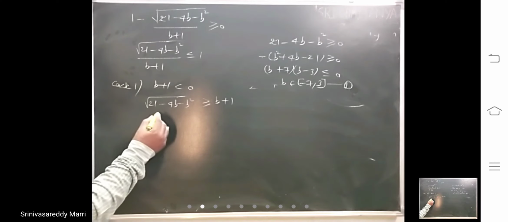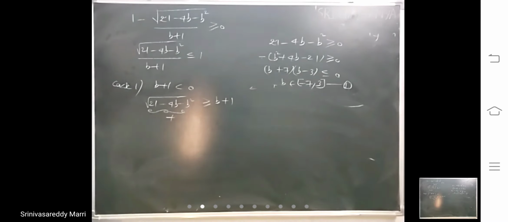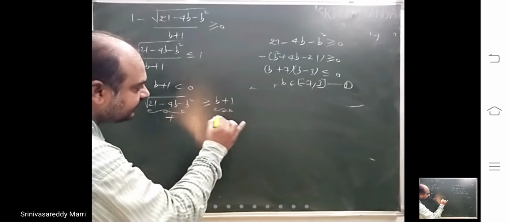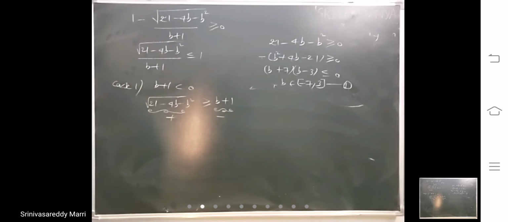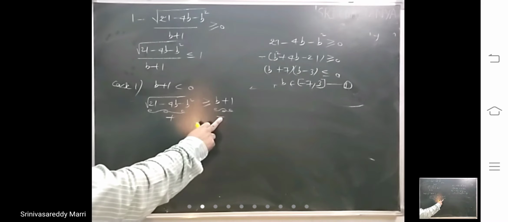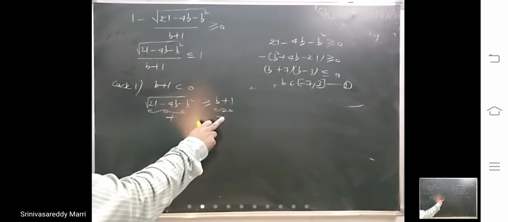Right? Now if you look at this, left hand side is positive quantity. This one is negative quantity. That means positive quantity will always be greater than negative quantity.